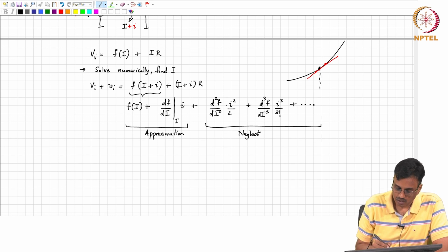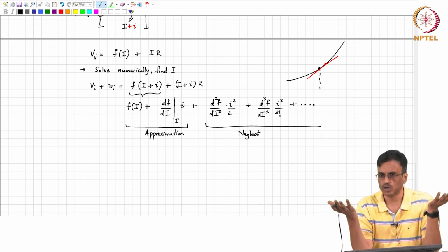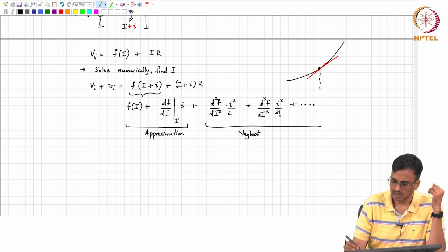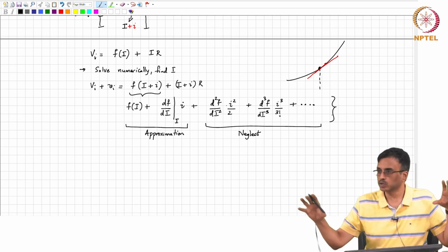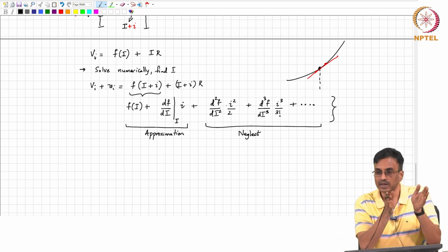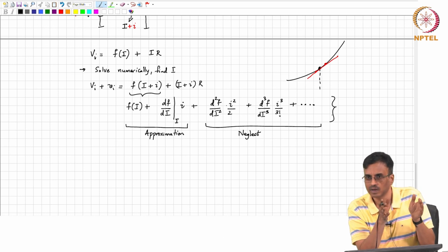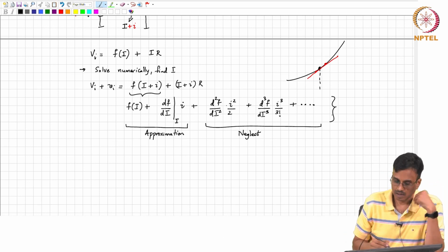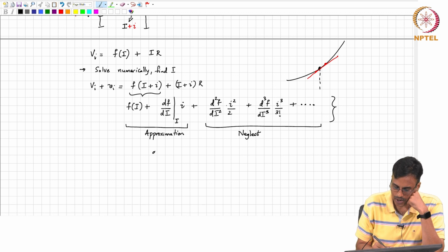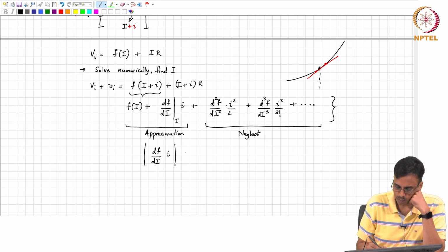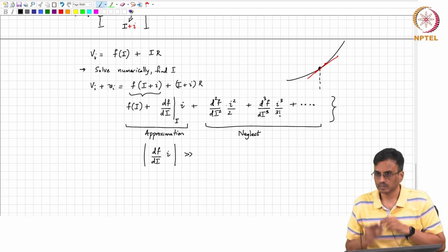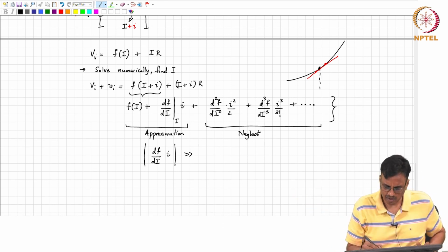In this Taylor series, when is this a good approximation? The complete series is the true thing, and you are trying to approximate it by just the first two terms. So, obviously the approximation is only valid when df by di times I in magnitude is much greater than all the higher order terms.